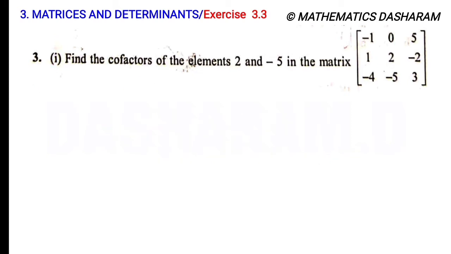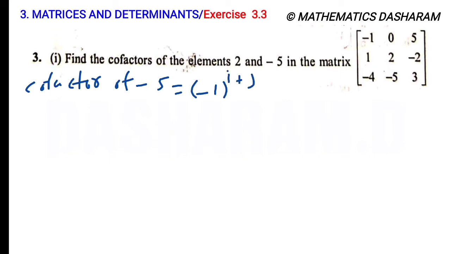So next one is cofactor of minus 5, equal to minus 1 whole to the power of i plus j into minor of minus 5.